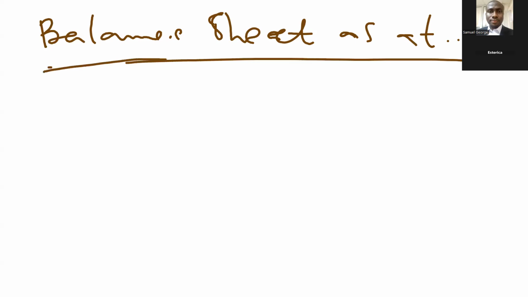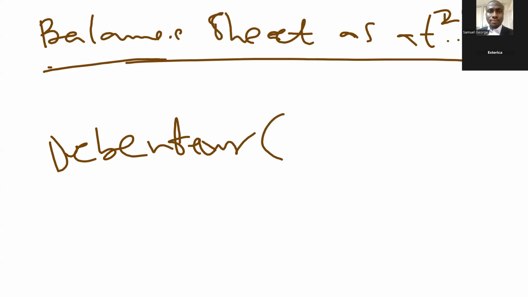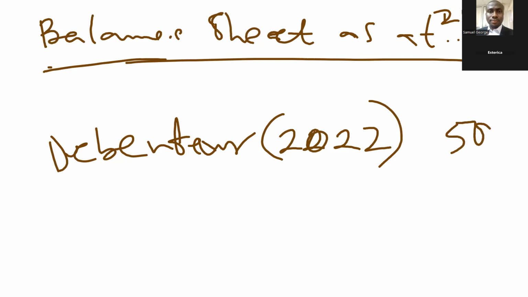Then they will put debenture inside the balance sheet, and inside that debenture, they put a bracket with maybe 2022, then the figure, 500 million. What they are saying is that the maturity date of this debenture is 2022.